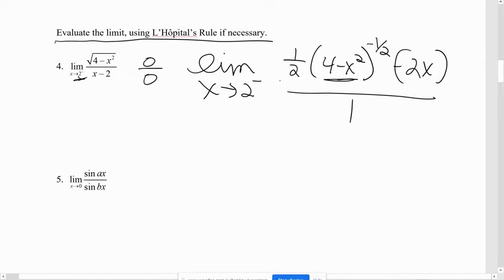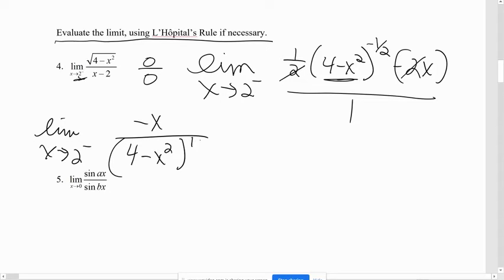So I could cancel that 2 and that 2, and I'm going to take that negative 1/2 exponent and bring it down the bottom. So this would be the limit as x approaches 2. Remember, we got to keep writing that. Otherwise, I got to take points off. So on top, I'd have negative x. And on bottom, I got 4 minus x squared to the 1/2 power.